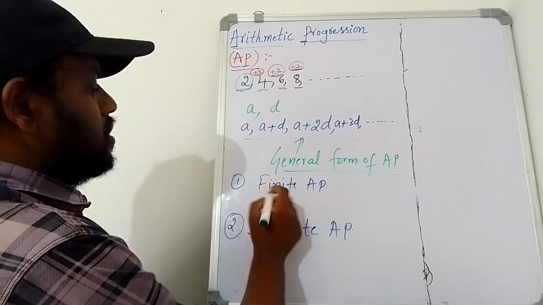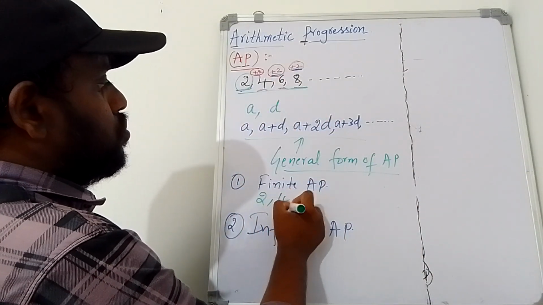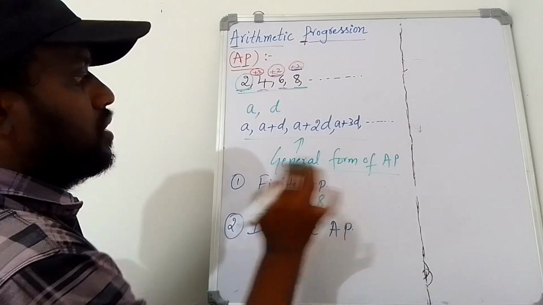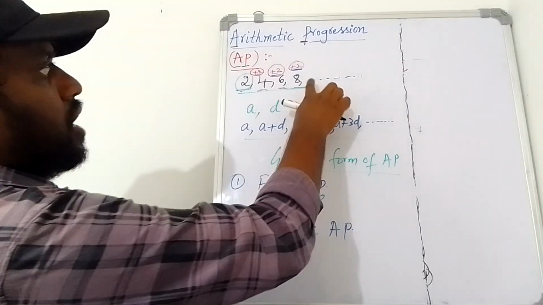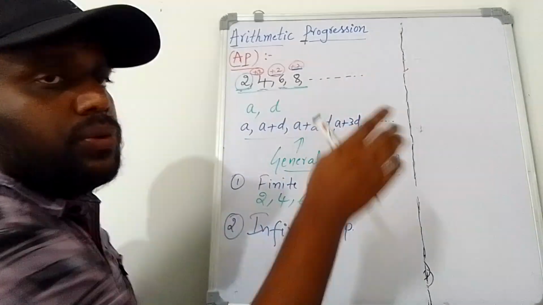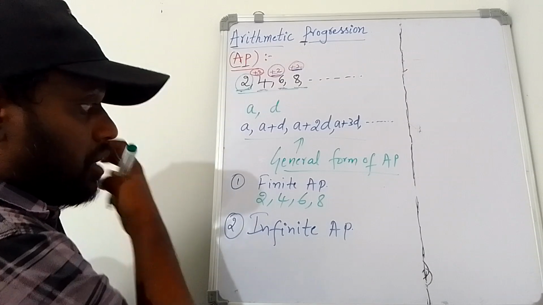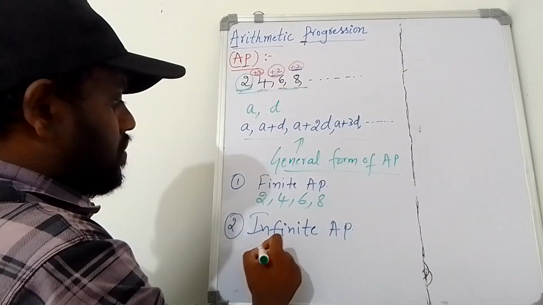For example, I will take these first four numbers 2, 4, 6, 8. I will put a dot after them, right? These numbers will continue till infinity. At that time this will become an infinite AP.